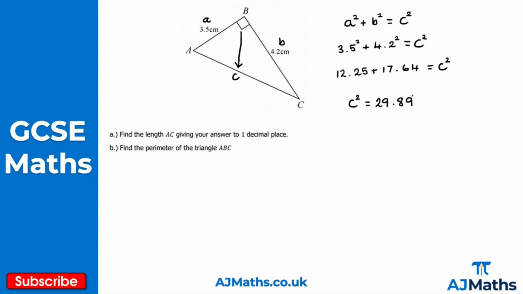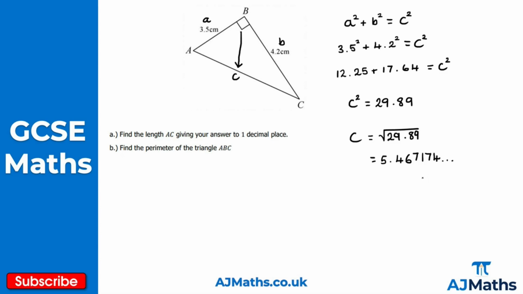Now all we want is the value for C. We've got C squared, we just want C, so I'm going to take the square root of both sides. That gives me C. The square root of 29.89 is a decimal, 5.467 and so on.